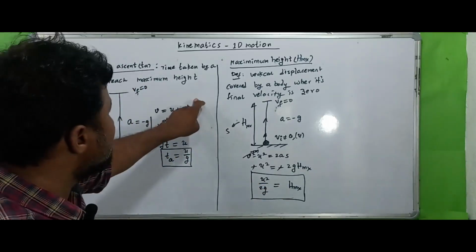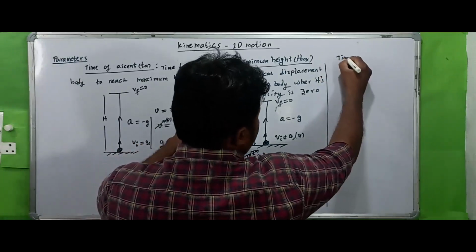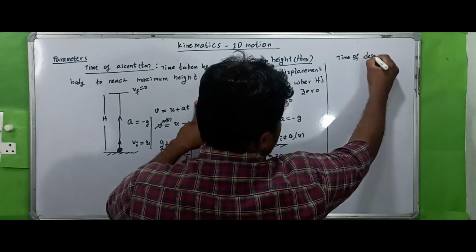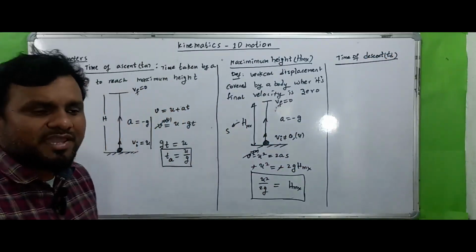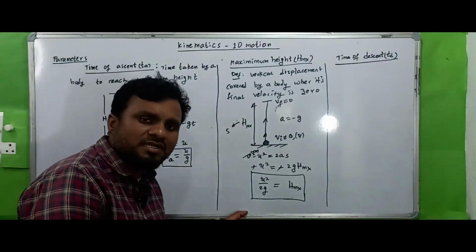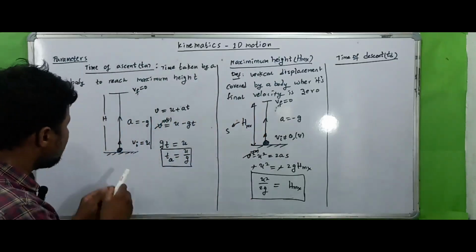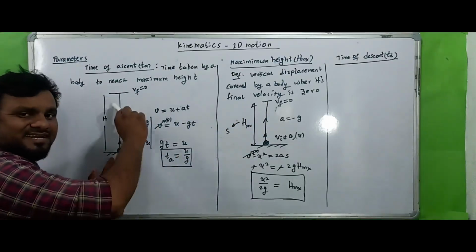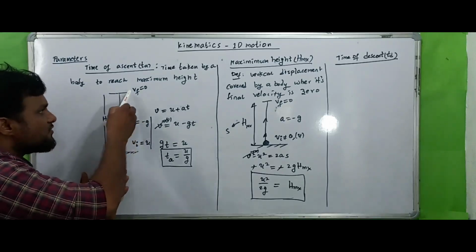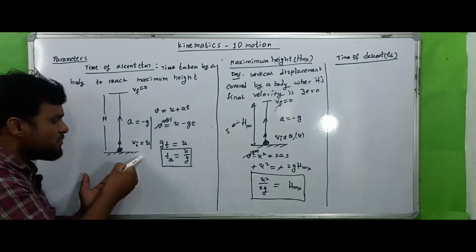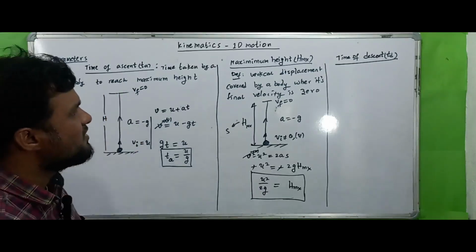And the next parameter is time of descent, T suffix d. Time taken by a body to reach the point of projection from the maximum height is nothing but time of descent. One thing you have to observe: time taken to reach maximum height is time of ascent, ascending order. This is my reference frame 0. Now from the maximum height to the ground, descending order, towards the ground, is time of descent.